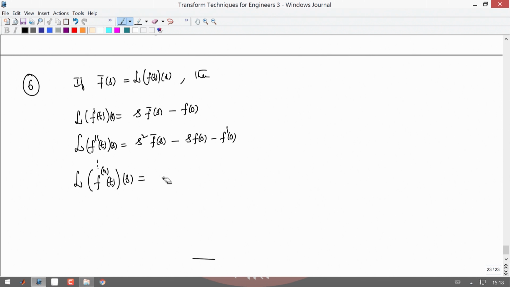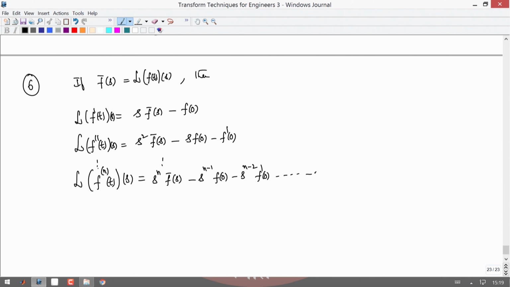And similarly you can easily guess, it is s power n times the Laplace transform of f minus s power n minus 1 times f at 0 minus s power n minus 2 times f dash at 0, and so on.